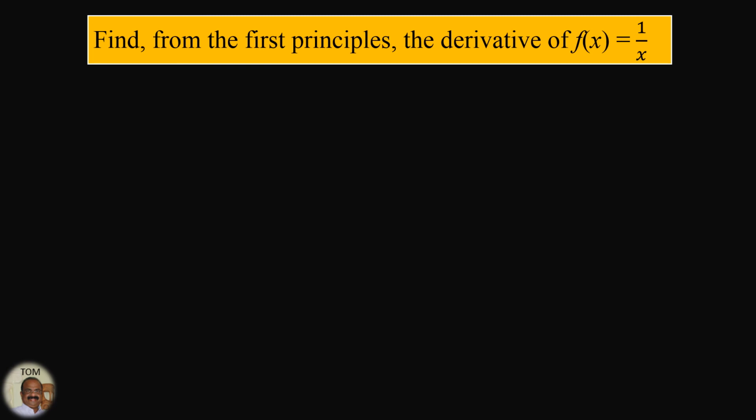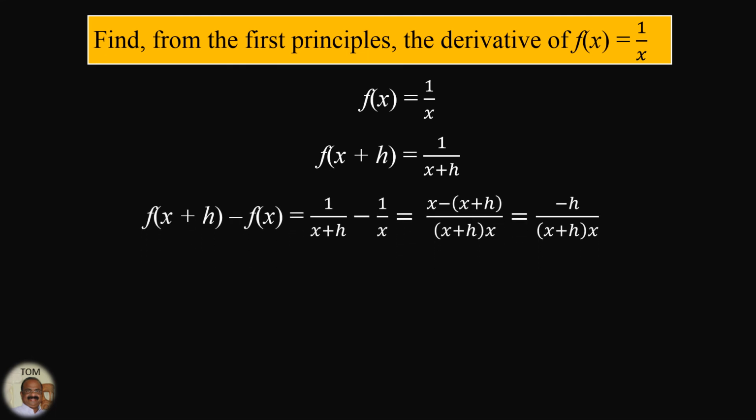Find from the first principles the derivative of f(x) = 1/x, a fraction. So we start again. f(x) is 1/x. f(x + h) is 1/(x + h). We subtract, but when we subtract these two fractions, listen very carefully.